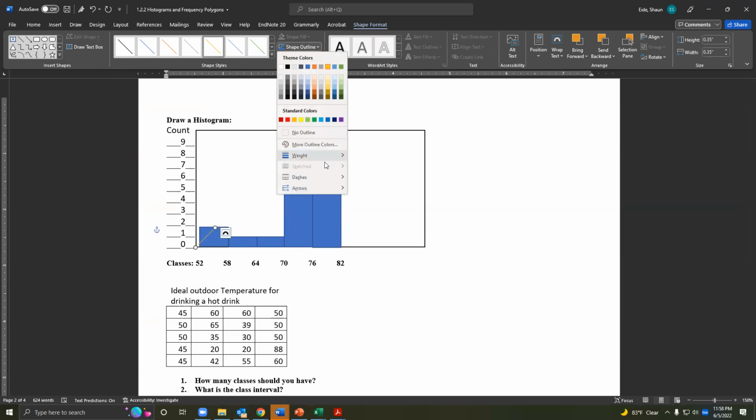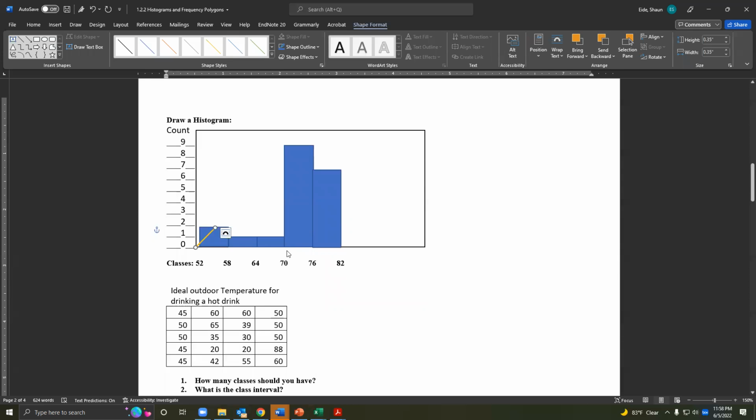Shape outline, weight. Okay. And then you go to the next midpoint, yep, the next midpoint.